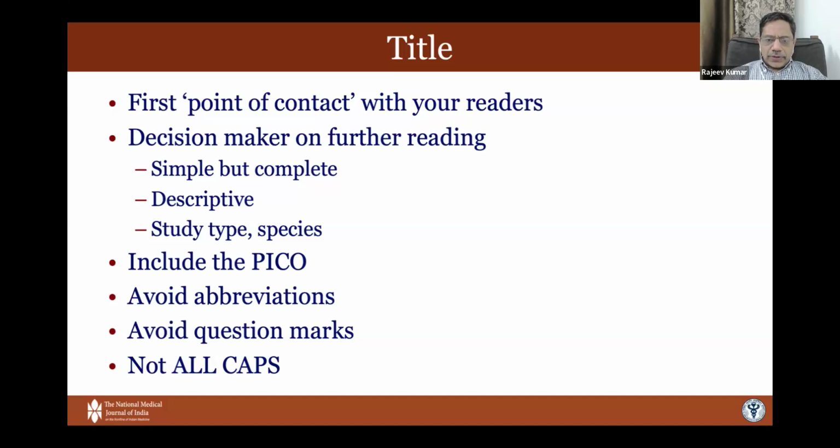Since this is not a research methodology talk, I will not be detailing what PICO means, but I'll just summarize. PICO is an acronym that's used to describe patients, intervention, comparator, and outcome. So whenever you do research, you have to describe who you studied, what were your patients, were they patients' relatives, were they children, were they men, were they women, were they employed, whatever describes who you studied.